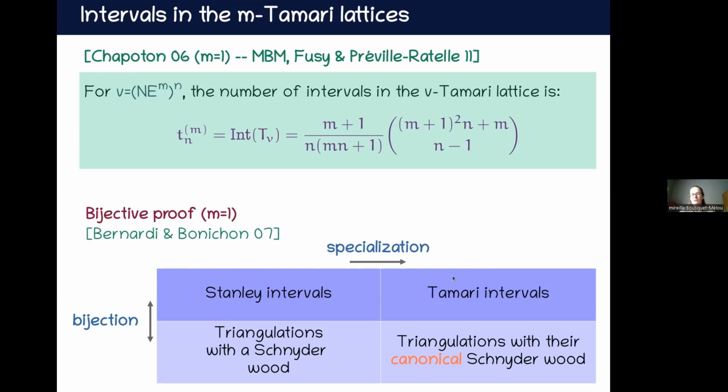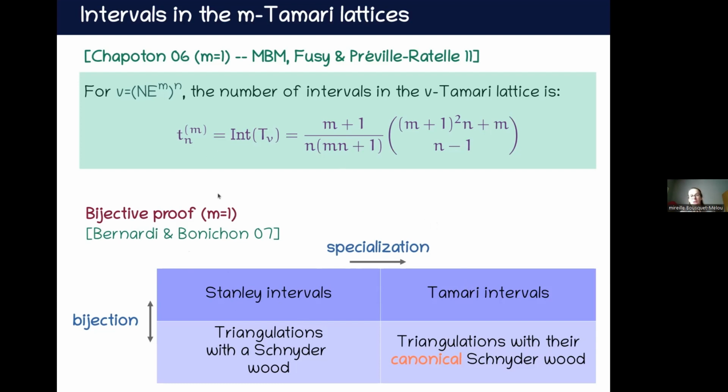And so if you specialize this bijection just to Tamari intervals, which triangulations do you get? Well, you get once each triangulation, or in other words, you get a triangulation equipped with its canonical Schnyder wood. So really, this means that this original bijection has a lot of structure.